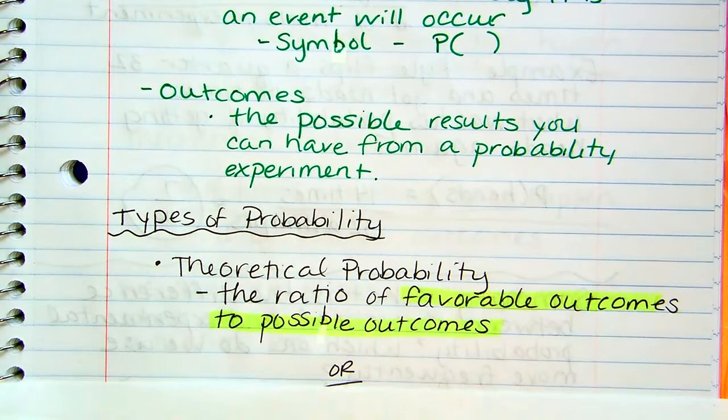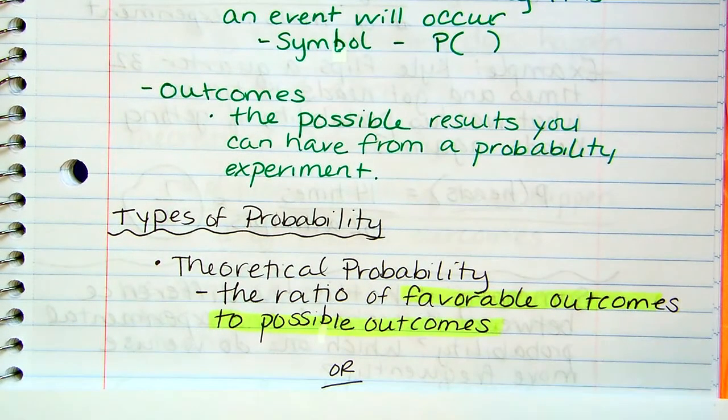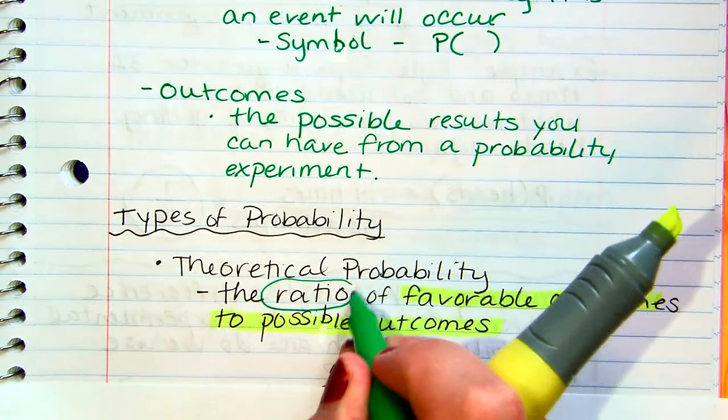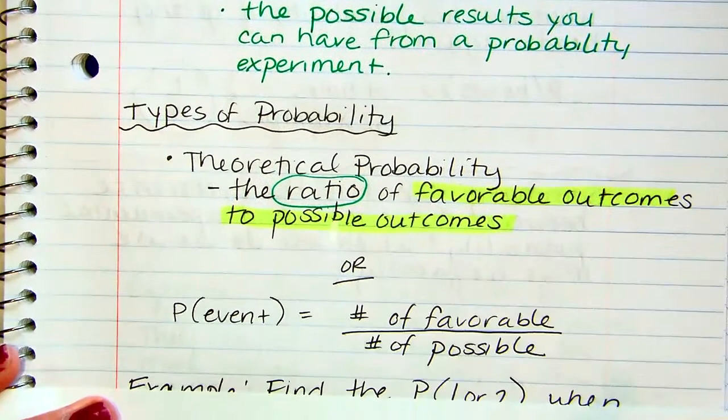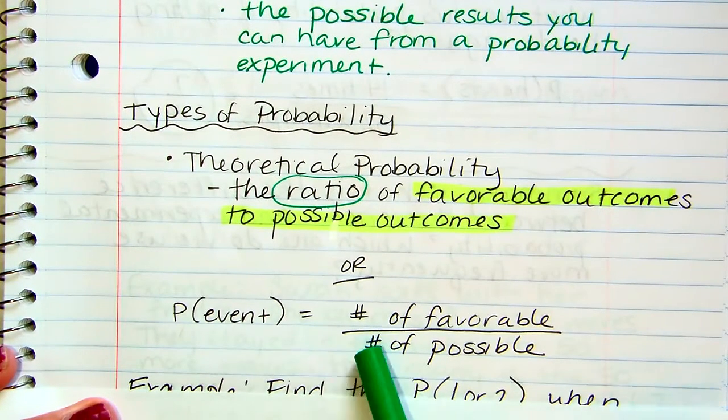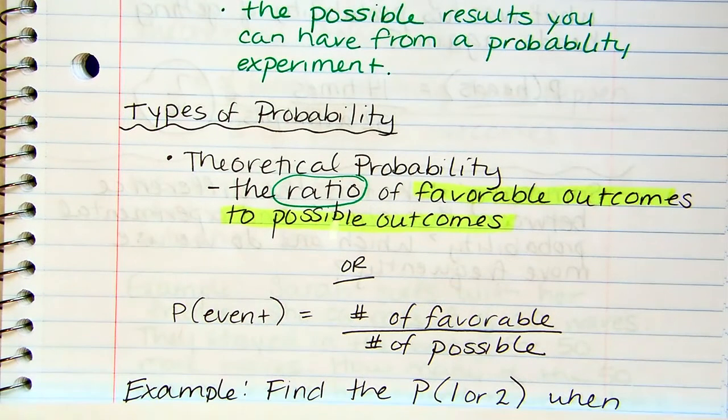Another way of looking at this is the probability of our event equals the number of favorable outcomes over the number of possible outcomes. Because a ratio is also a fraction, I have my favorable outcomes on top and my possible outcomes down below.